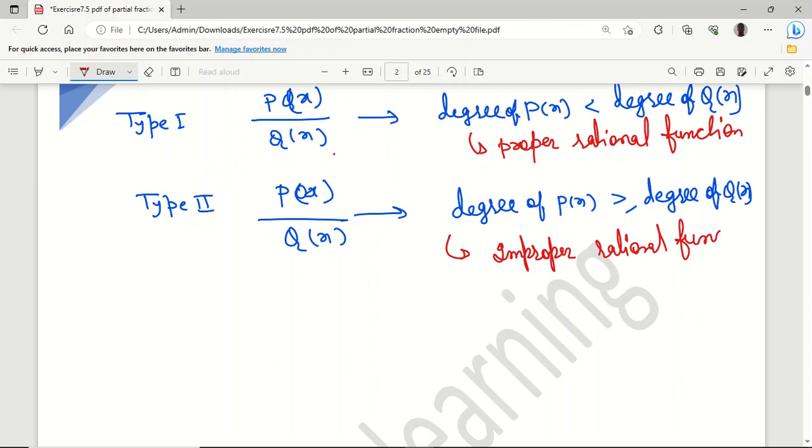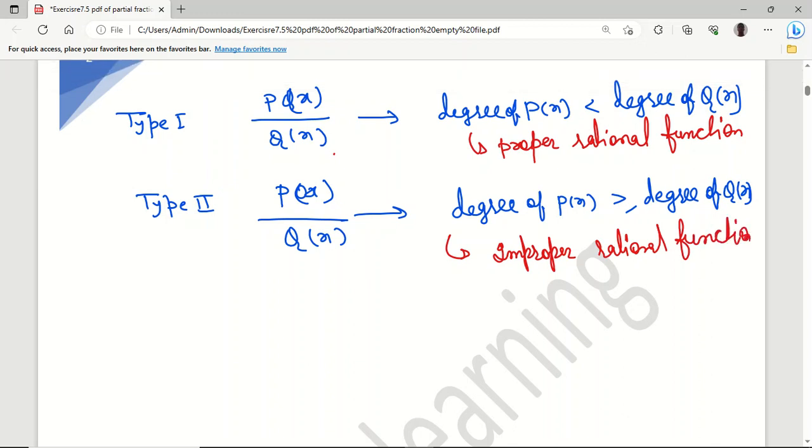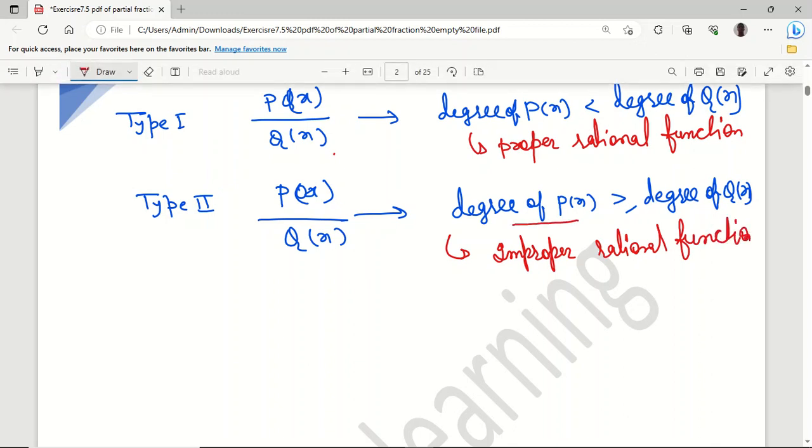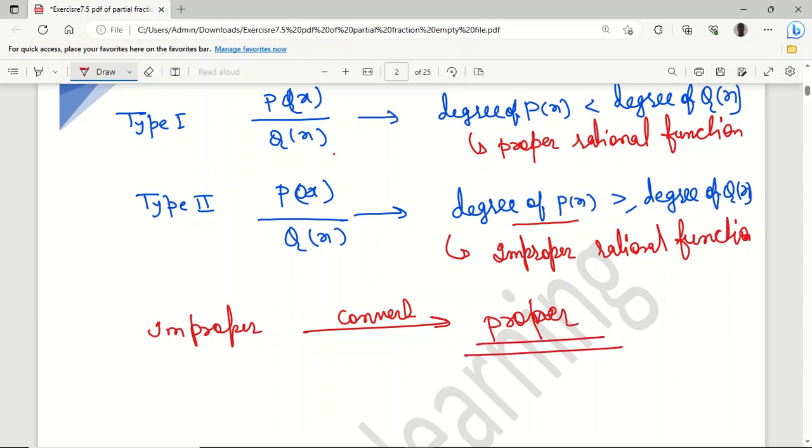Whenever we have an improper rational function, that is, the degree of p(x) is greater than the degree of q(x), we'll try to convert improper into proper. Then we'll proceed with the method of how to solve a proper rational function.